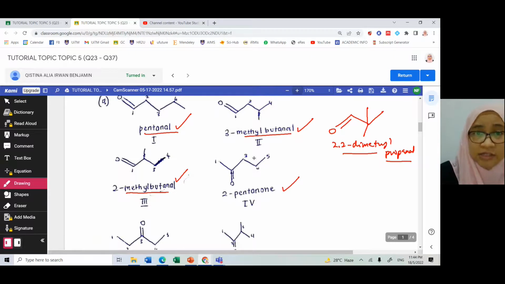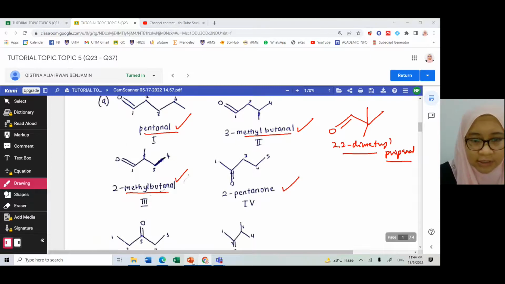Fehling and Tollens reagent are the tests that we use to distinguish aldehyde and ketone. So aldehyde will be the one that gives a positive result, that gives reactions with Tollens and also Fehling reagent, but not ketone. So you have to refer to this.